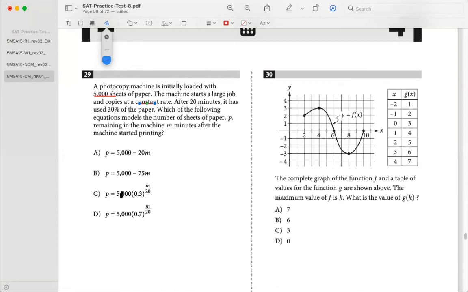So if it's copying at a constant rate, the reason C and D are off is because those are exponential. If you plug in m as minutes, 75 times 20 minus 5,000 gets you the exact same. So that's why B is right, because it's a constant rate, therefore it's linear.